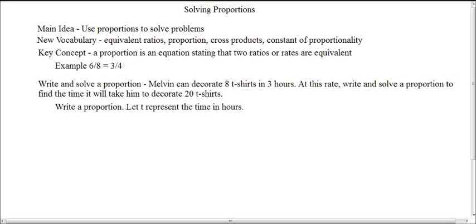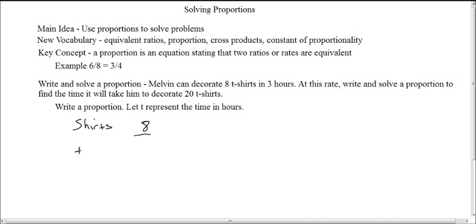Okay, so as we look through the problem, we see that he has 8 t-shirts in 3 hours. So let's write shirts. So he has 8 of those. And we say he can decorate those shirts in 3 hours.